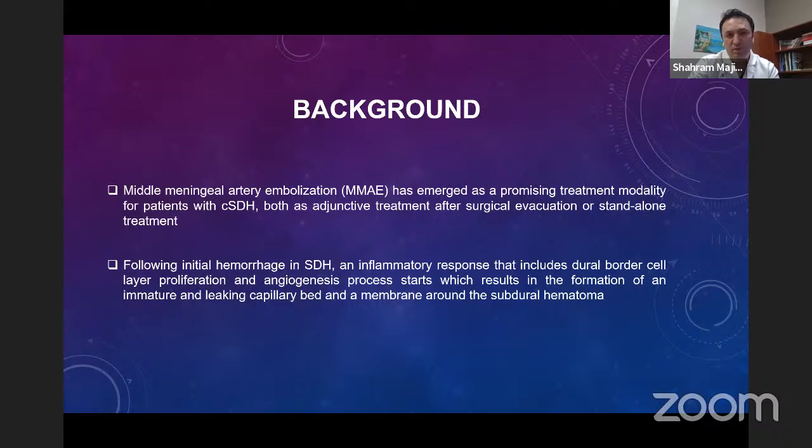Regarding how middle meningeal artery embolization works in this setting, prior animal studies and microscopic evaluation have demonstrated that after the initial hemorrhage in subdural hematoma, an inflammatory response starts, which includes dural border cell layer proliferation and angiogenesis. This results in the formation of an immature, leaking capillary bed and a membrane around the subdural hematoma.